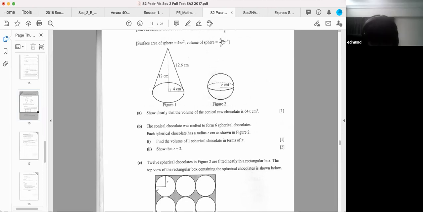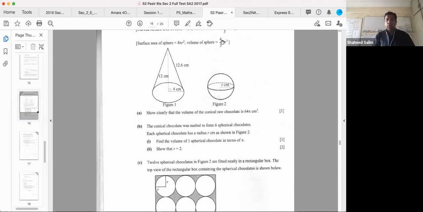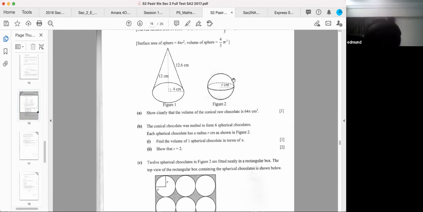What's the radius of the sphere? We do not know. We are going to find. But in the end, the radius will be 2. But they want us to show that this is 2. But you do not know it's 2 yet. You got to find out. You have the volume of one. The volume is 10.67.